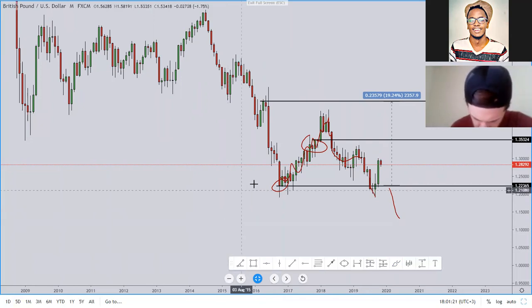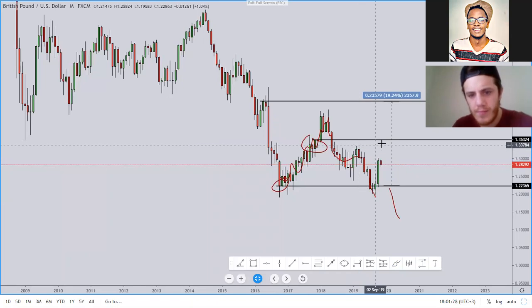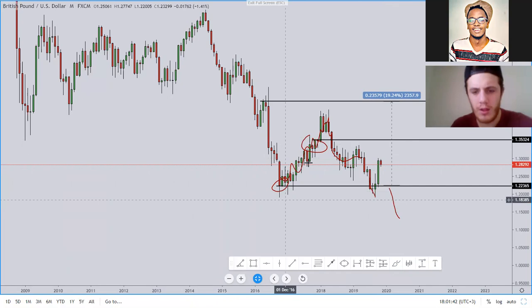So if we are expecting a monthly closure rejecting this monthly validation, then price can go all the way through the monthly, weekly, and the daily, and the validation on the daily time frame, before continuing with our daily bias. But that also depends on the price action or the trend on the lower time frames, whether it is the weekly or daily.